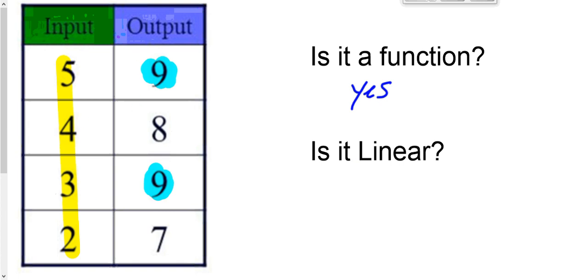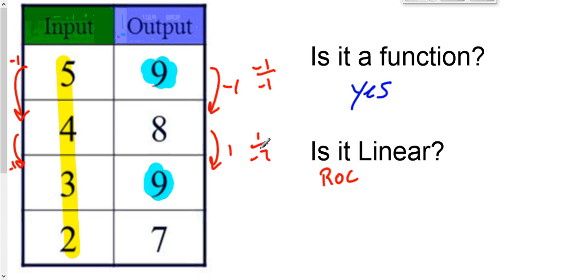Now we're going to check to see if it's linear. We're going to need to have a constant rate of change. So from here to here, we went down 1, down 1. From here we went up 1, down 1. These two fractions, whoops, that kind of looks like a 7, are not the same, so it is not linear.